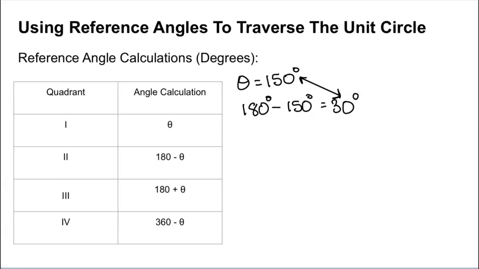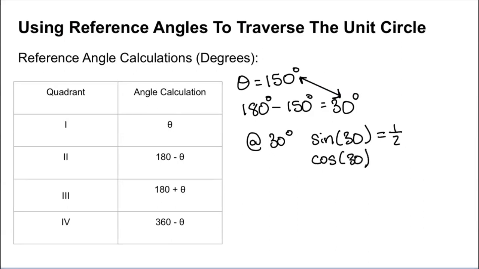That's our reference angle. And at 30 degrees, we know that the sine of 30, or our y coordinate, is equal to 1/2. And cosine of 30 is equal to the square root of 3/2.